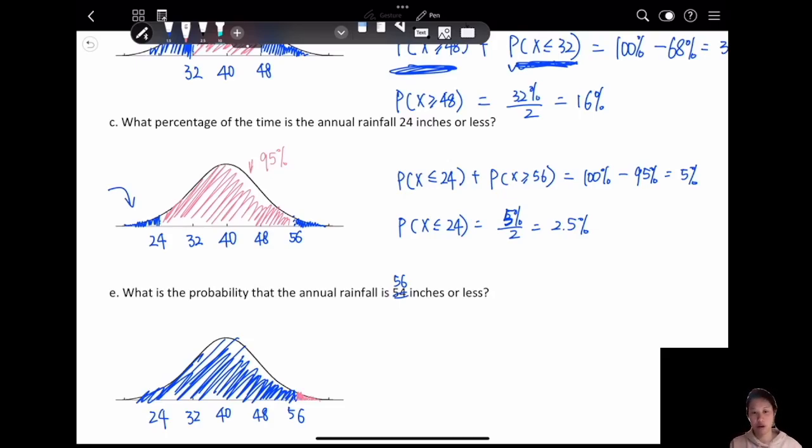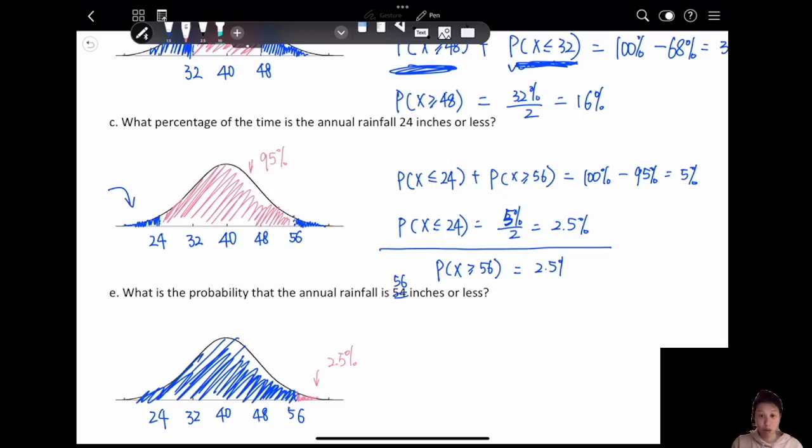Then we will figure out what will be the blue part. So from the previous questions, we know that when the rainfall less than 24 should also equal when the rainfall is greater than 56, which is 2.5%. Okay, so that means this part is 2.5%.